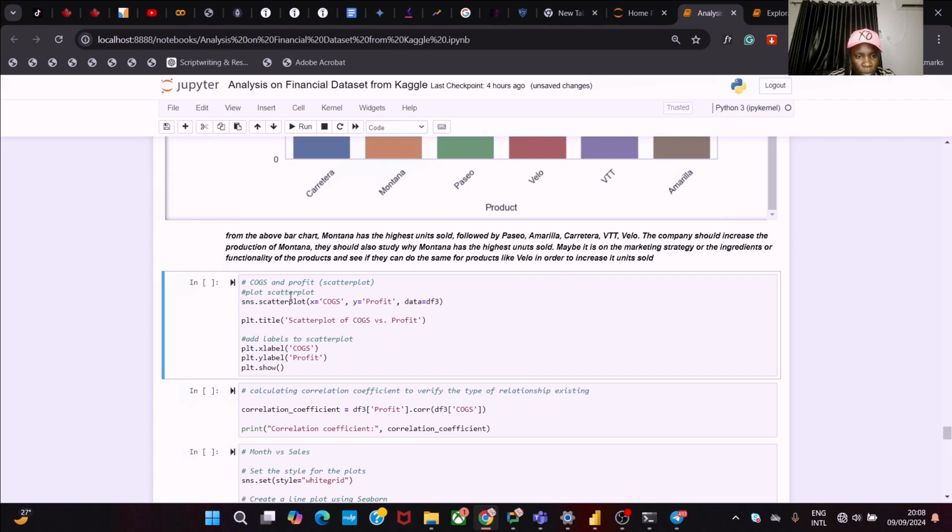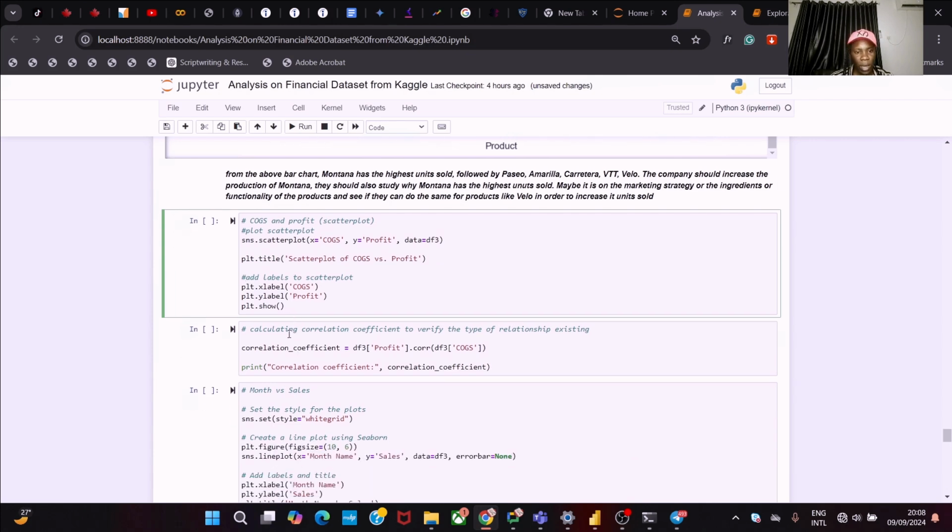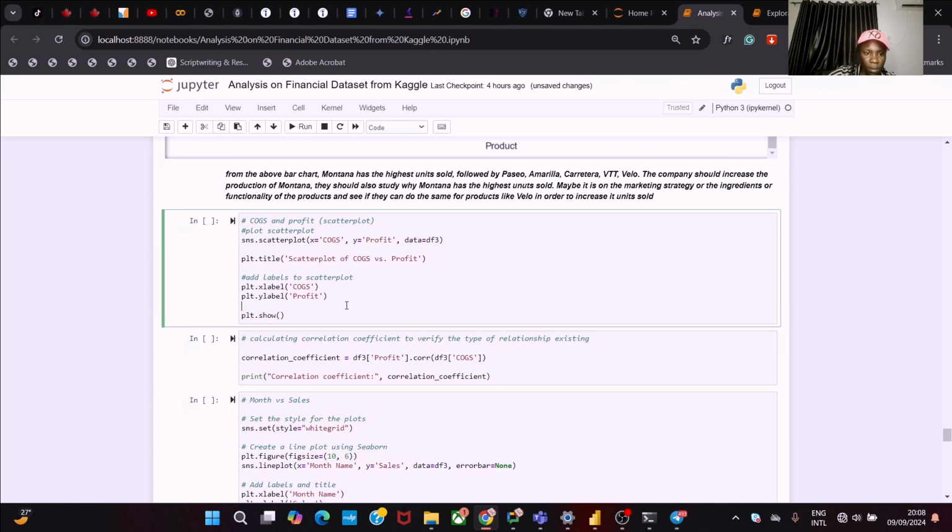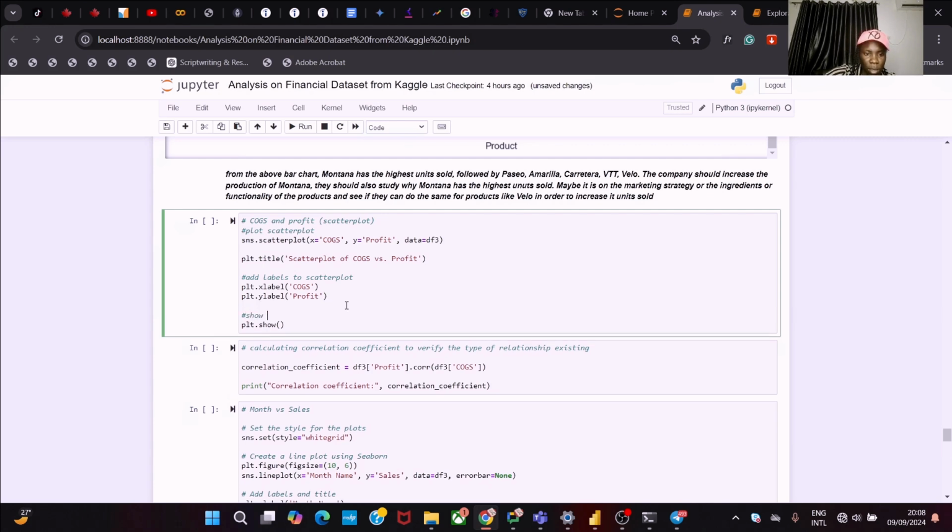So here, what I did was plot a scatter plot of cost of goods sold versus profits, using our data, which is our DF3. Then I added labels. Our X label is our cost of goods sold, then our Y label is our profits. Then plt.show to show the diagram.